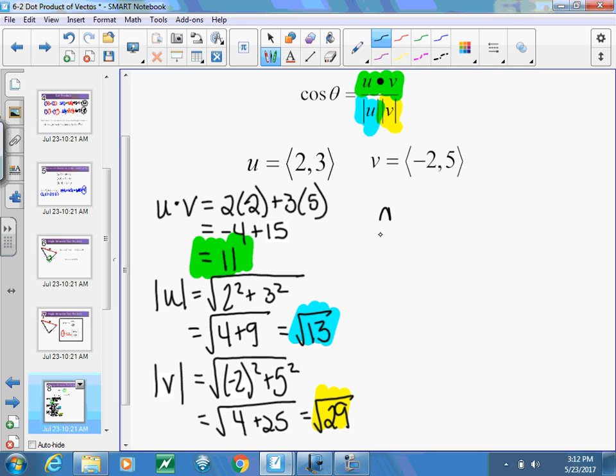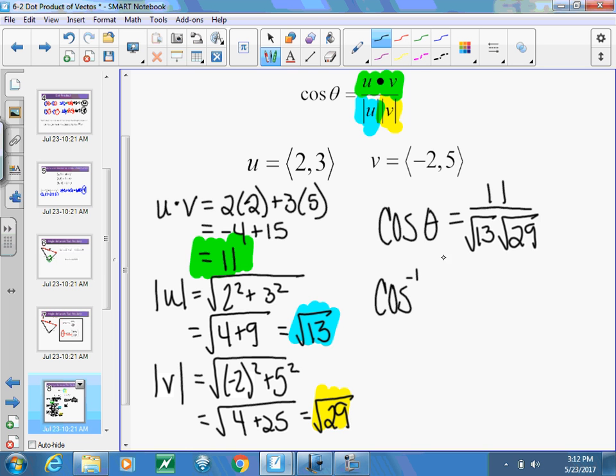So we have the cosine of theta is equal to 11 divided by the square root of 13 times the square root of 29. I can go ahead then and find our angle by taking the inverse cosine of all of this, 11 over the square root of 13 times the square root of 29.